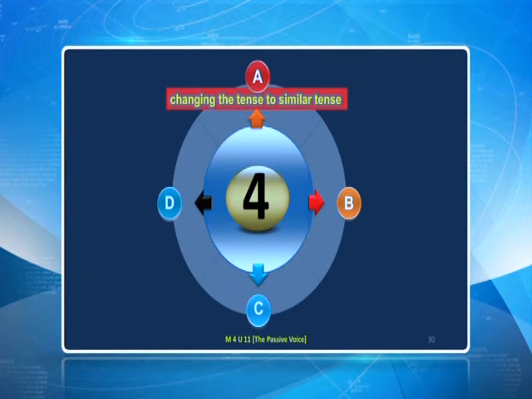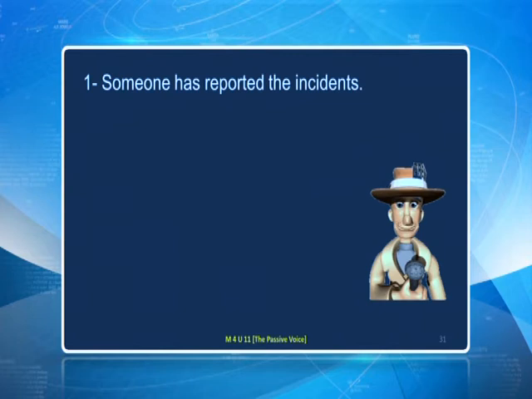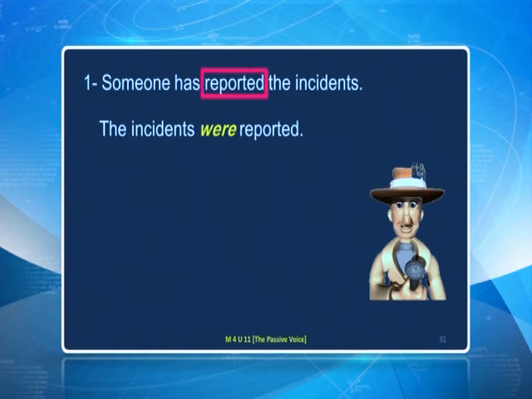Some of you change the tense of the active sentence into a similar tense in the passive sentence, which means, let's get an example. Someone has reported the incidents. This is an active sentence. Some of you may say the incidents were reported, being tricked into believing that the verb of the sentence is reported.